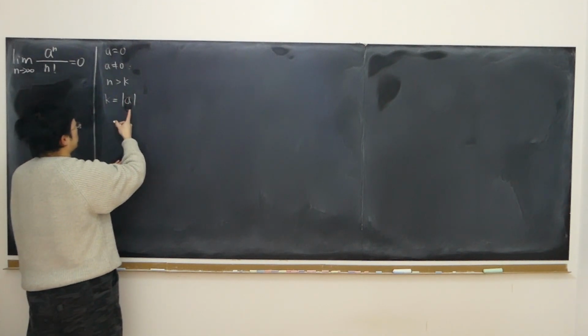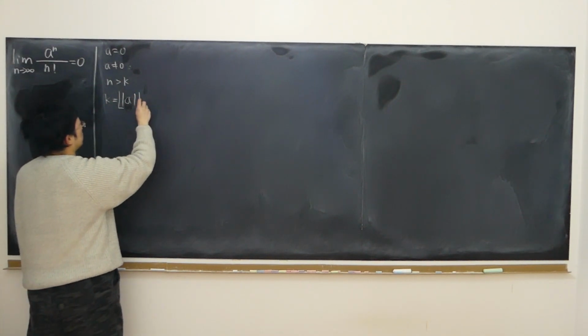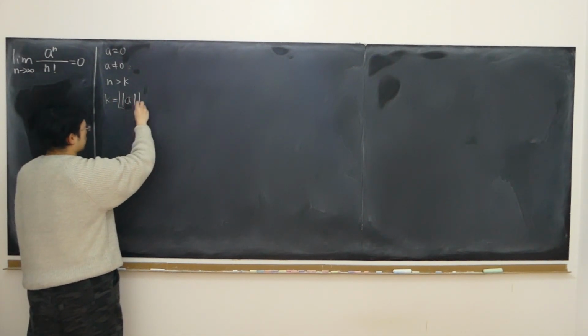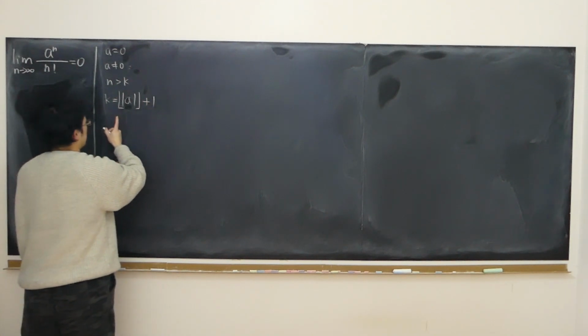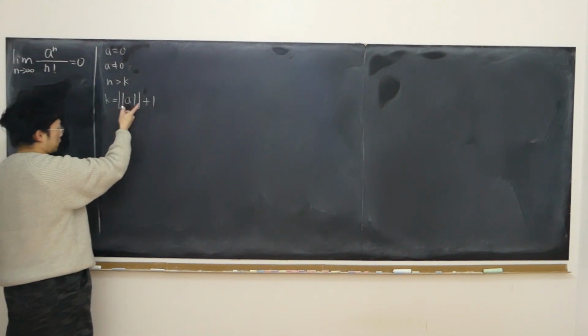So this is definitely a positive number. I'm going to take the floor of this positive number. It could be some decimal number, doesn't matter. Take the floor, this becomes a positive integer. I'm going to add 1. So I'm going to choose a large enough positive integer k that is equal to this value.